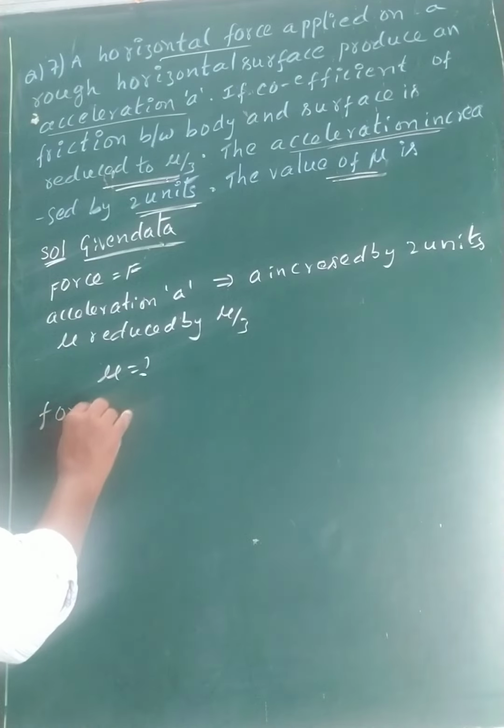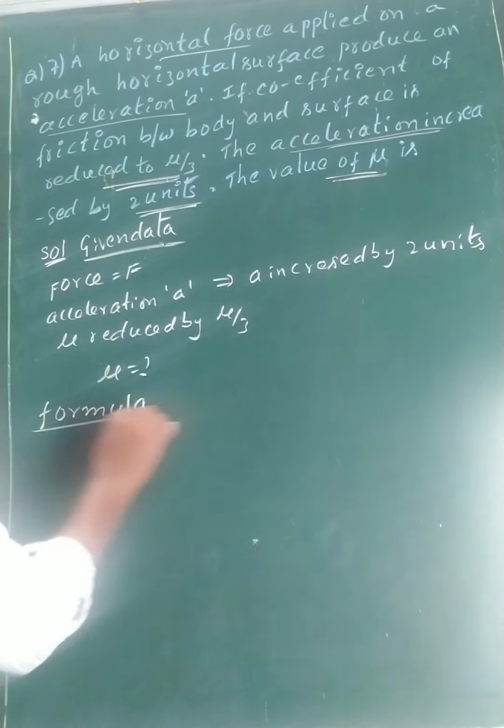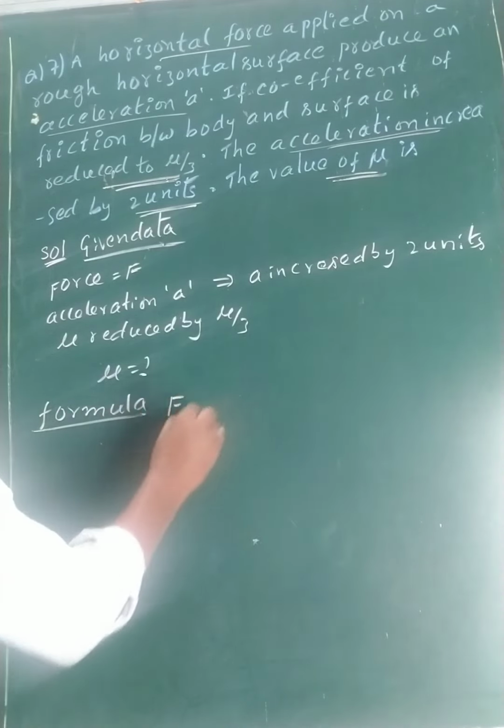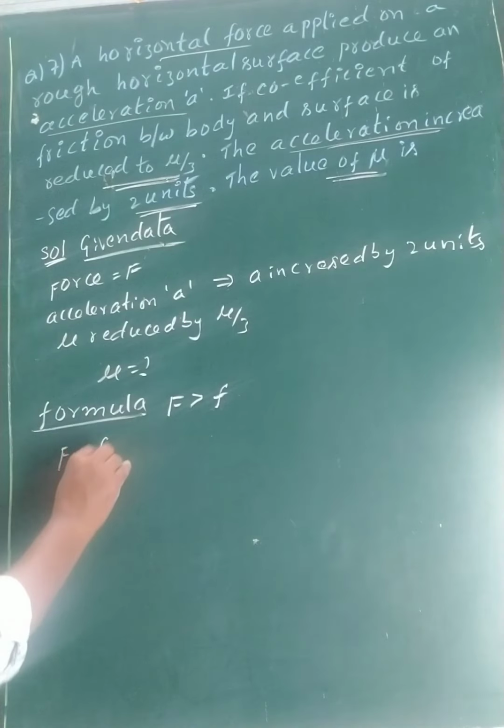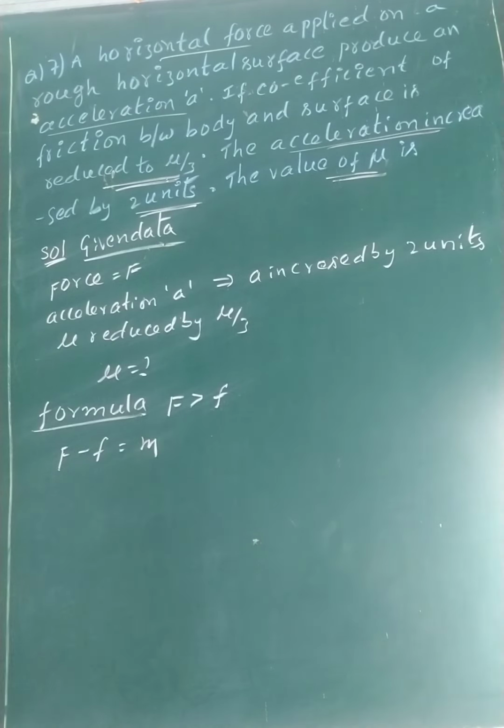Formula. Here applied force is more than the frictional force, then only acceleration is produced. F minus f is equal to mass and acceleration. Now from the first two lines you substitute that.